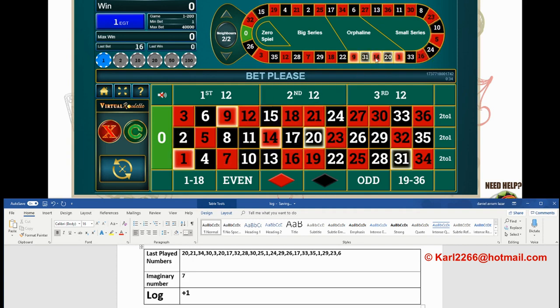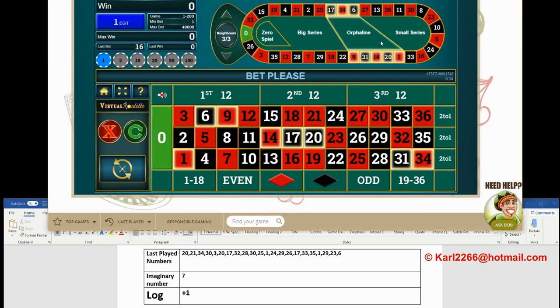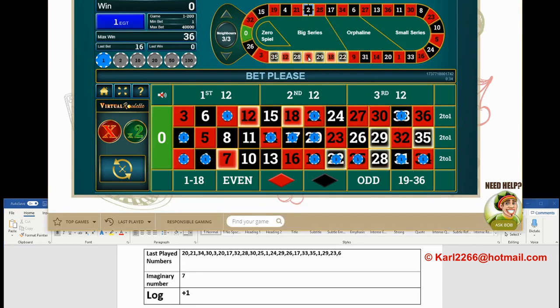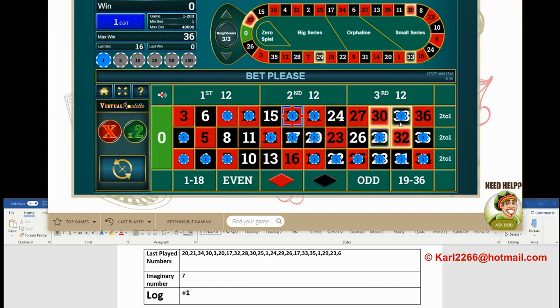So we go 14, always 3 neighbors, 14 and 2, and we place also on 7. So we covered 18. Yeah, 3 neighbors left and right from 7.